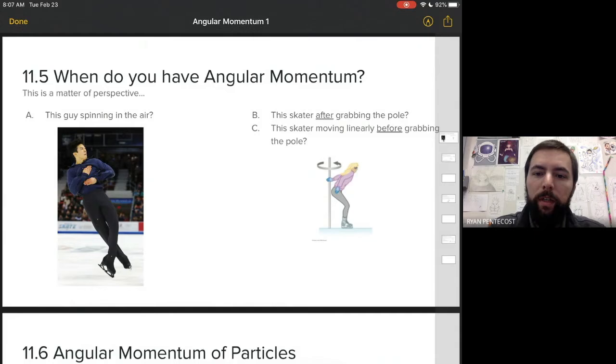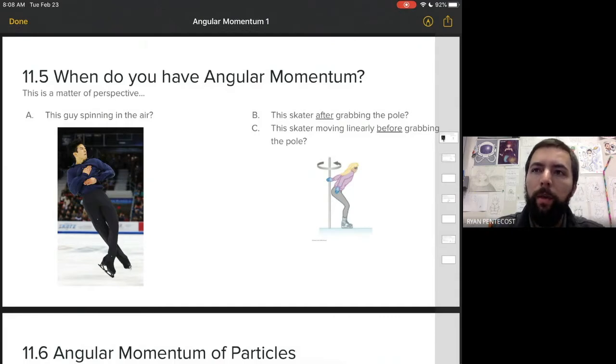And then part C, this skater moving linearly before she grabs the pole. Assuming that she is not skating straight at the pole, if she is skating linearly as she goes towards the pole, she also has angular momentum.